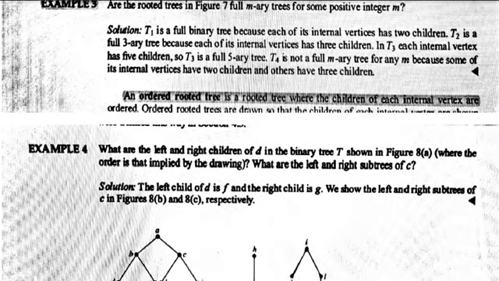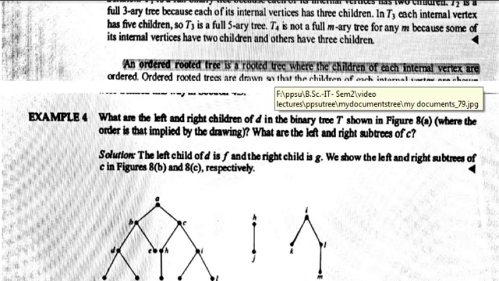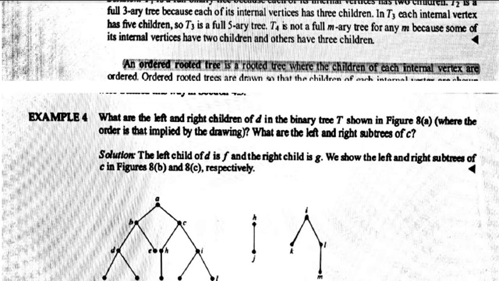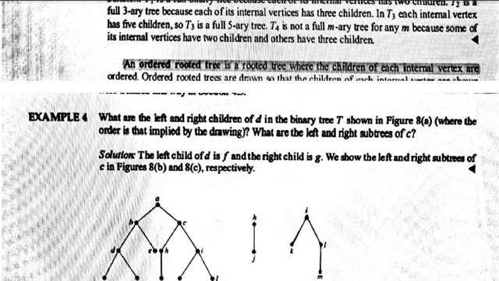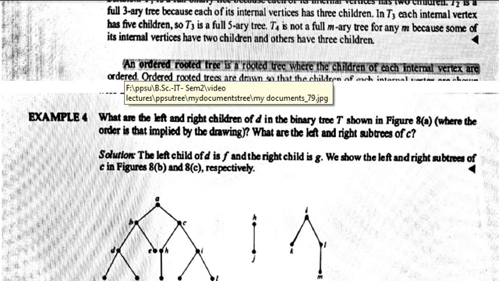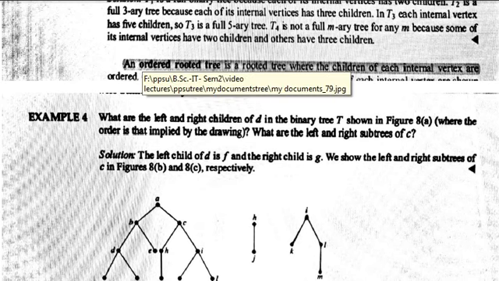The next definition is an ordered rooted tree. An ordered rooted tree is, first of all, a rooted tree where the children of each internal vertex are ordered. So if I can order the children of the internal vertices, then it is called an ordered rooted tree.